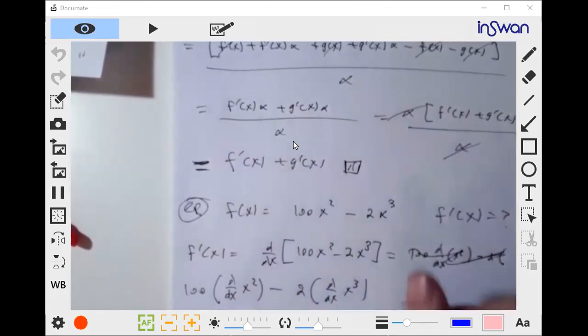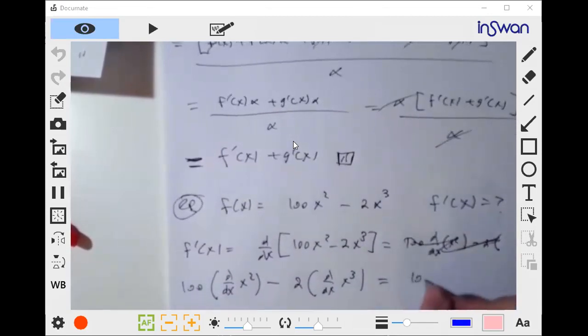Then by the power rule this just becomes 100 times 2x minus 2 times, by the power rule, 3x squared. So this becomes 200x minus 6x squared, which is equal to f prime of x.